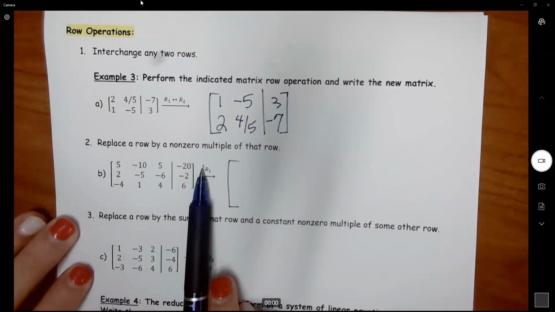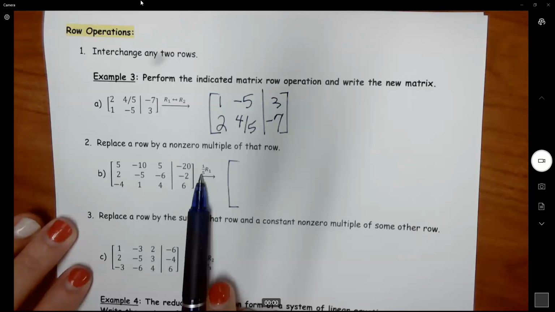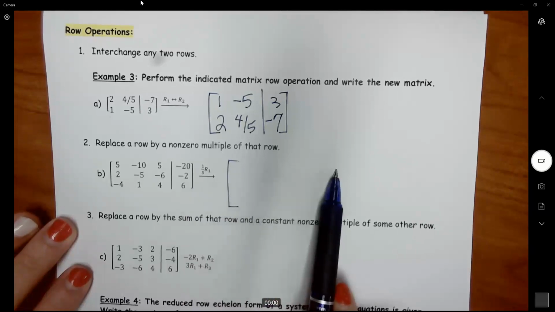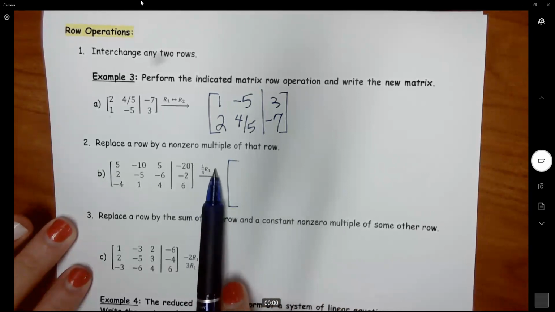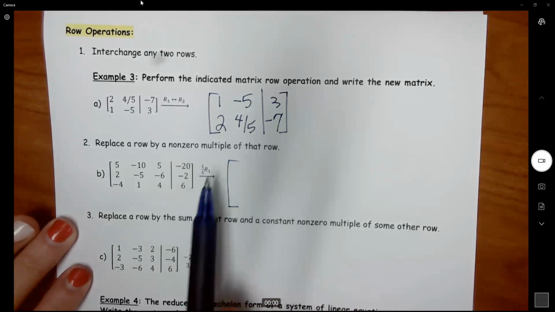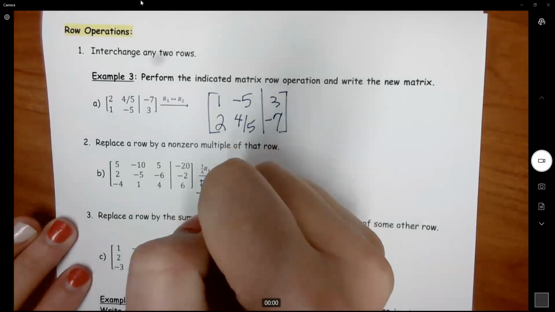This is telling you 1/5 of R1. So you're multiplying your row 1 by 1/5, and that becomes your new row 1. Doing 1/5 times row 1 is the exact same thing as taking your row 1 and dividing by 5.